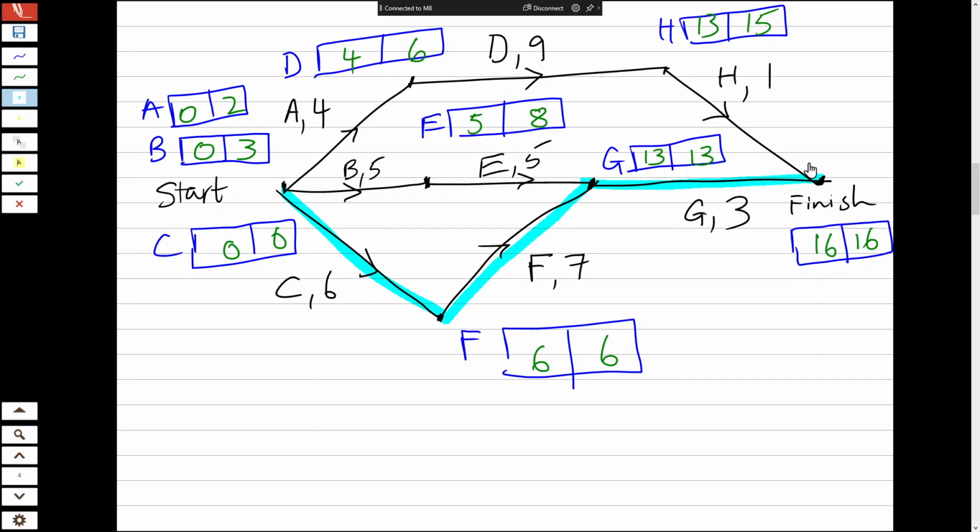F has to be... okay, now that means E can't be the critical path. Yeah, no matter what.